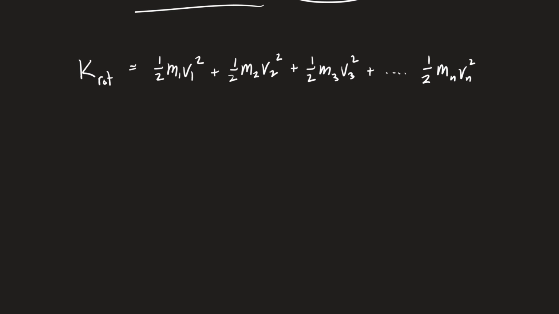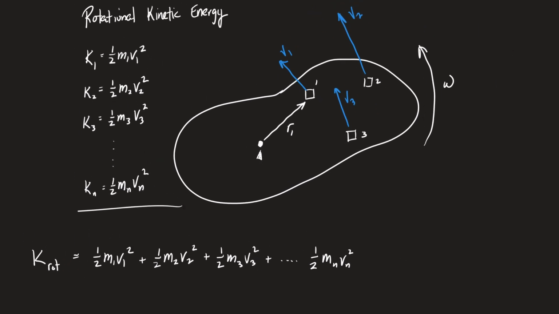Now, one thing that all of these pieces have in common is they're all part of the same potato. So if the potato is rotating at one common omega, then I could rewrite each piece's velocity in terms of omega, since omega is a common value for all the pieces of potato. That would just require me subbing in for v how far away each piece is from the axis of rotation.